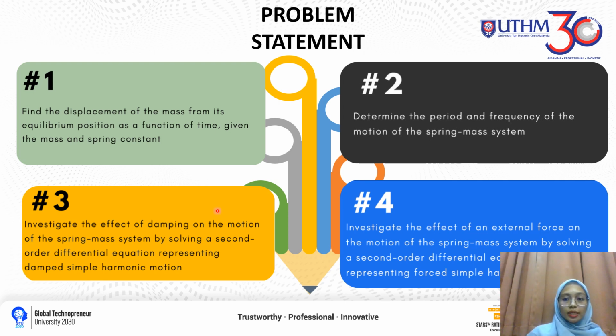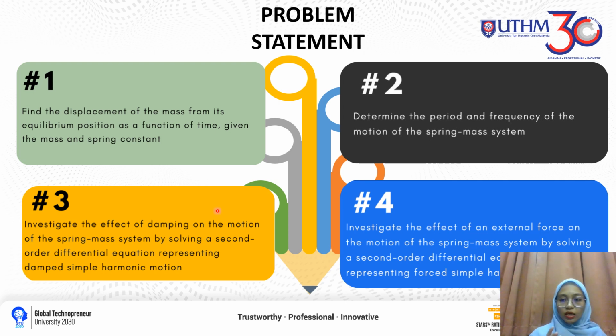To solve the differential equation, we can assume that the displacement of the mass is given by x of t equals x of omega 0, gamma, omega, where x is the amplitude of the motion, omega 0 is the natural frequency of the system, gamma is the damping ratio, and omega is the frequency of the external force.